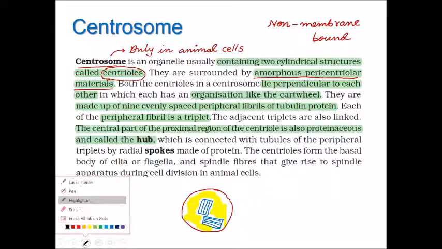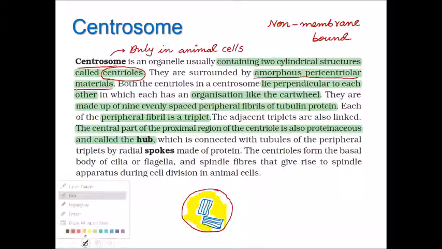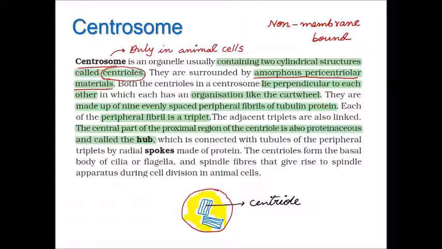In this diagram, this represents the centriole, and the yellow colored portion represents the PCM, pericentriolar material. Pericentriolar material is a mass of amorphous material found surrounding the two centrioles.